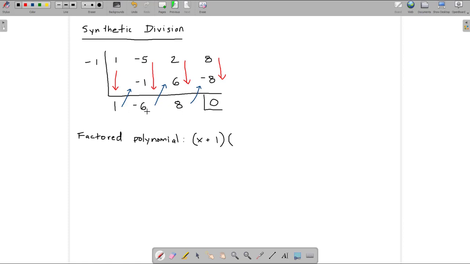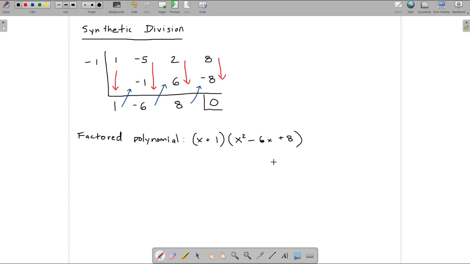And then these numbers here determine the coefficients of my new polynomial here. So 1 x squared minus 6x plus 8. And remember, the degree has to go down. This original one was cubic, and I pulled out one factor, so now this is a quadratic. So this is the first step. This isn't quite factored yet because we might be able to simplify this further.